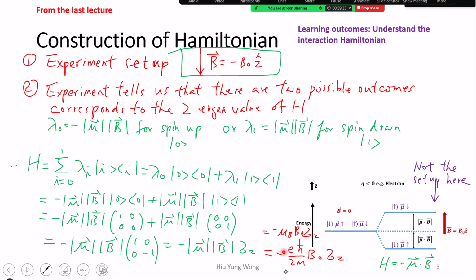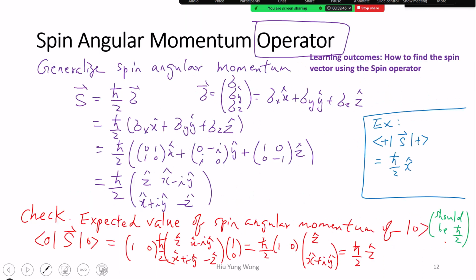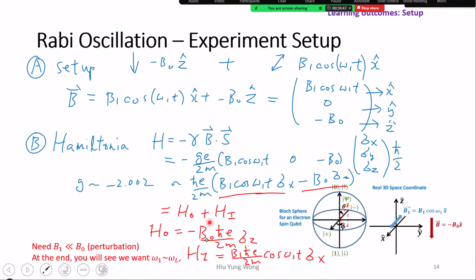This one. Negative e h bar divided by 2m times B0 sigma z, right? Memorize it. They are the same. Why do we have this term?